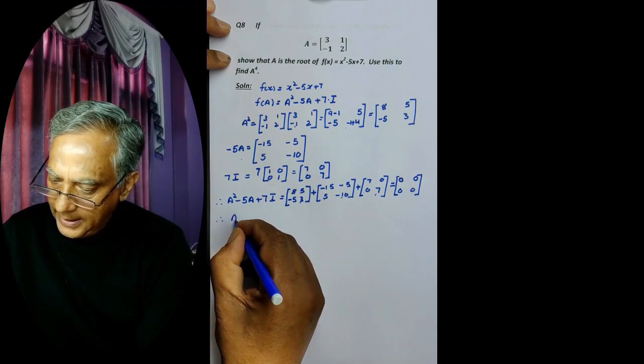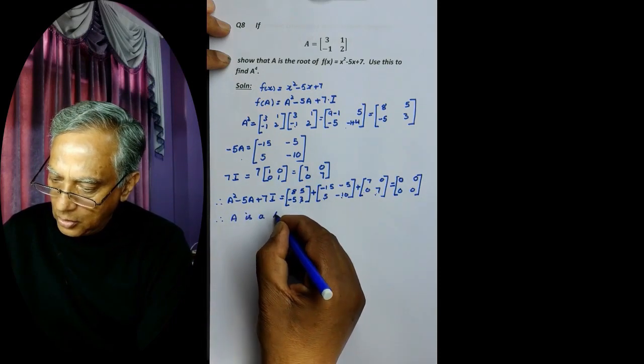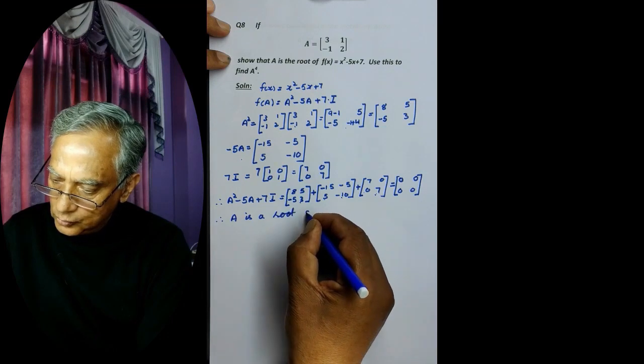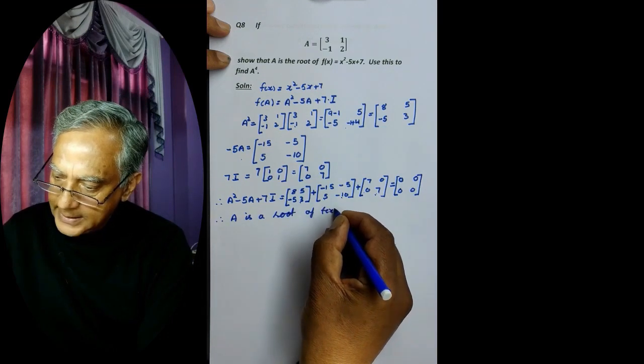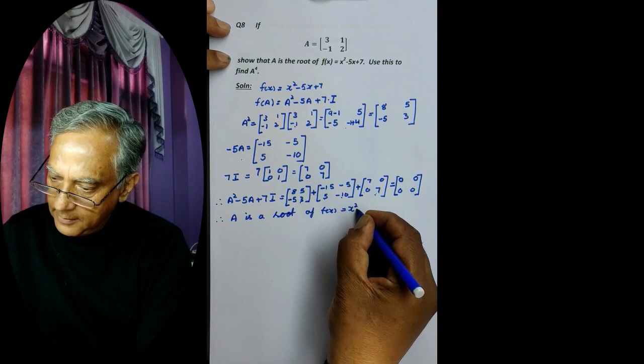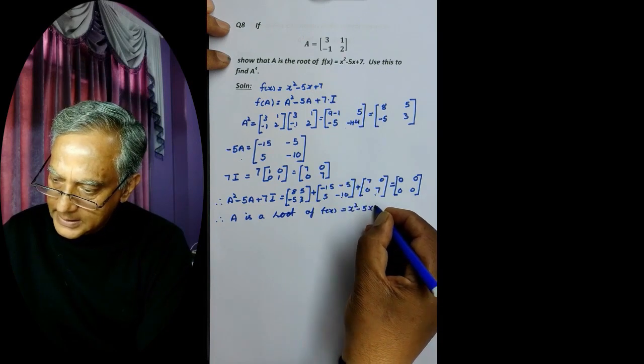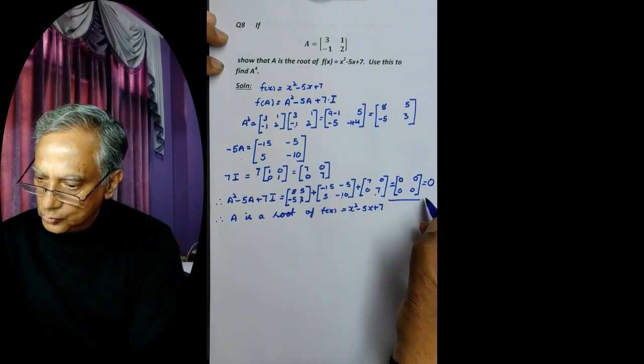Therefore, A is a root of f(x) is equal to x square minus 5x plus 7.